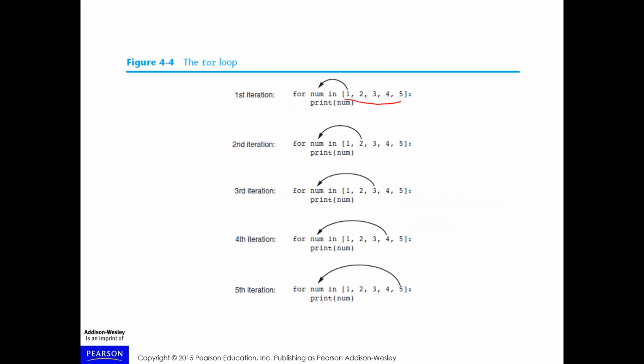Another analogy that might be useful is a scoop. It's like you have ice cream scoops, right? So it's ice cream, and then num is like the ladle. You have num here, and then you have the list here. You're basically grabbing each one of those, carrying it in num, and then it pours into print.